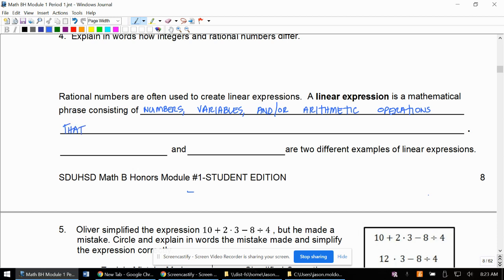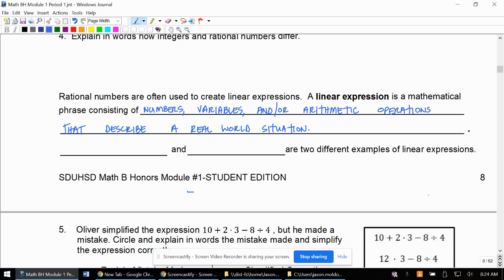Next line will go right, that describe a real world situation. And we'll put some examples.